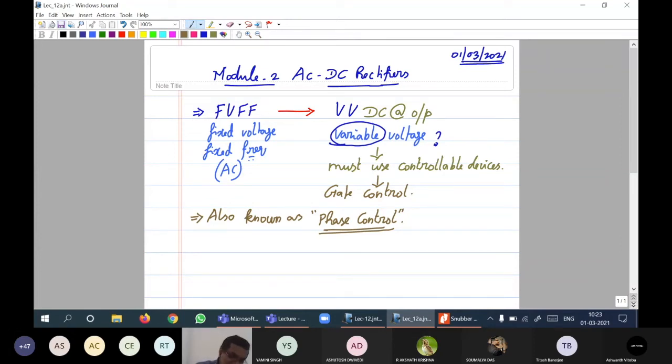They are also known as phase controlled converters or phase controlled rectifiers.